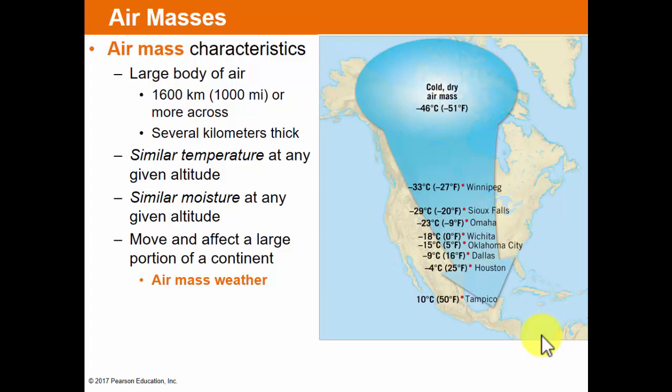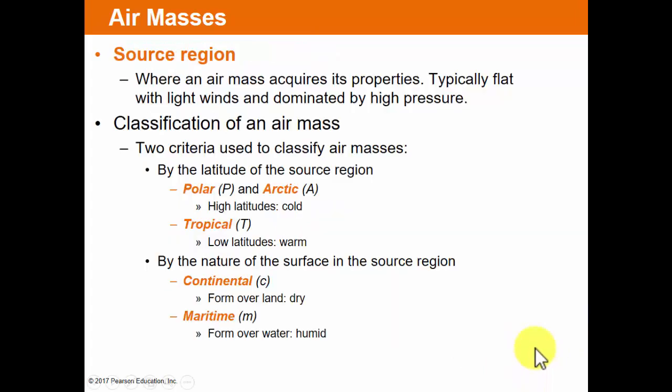It can be warm and fairly humid in the southeastern states, but then a very large cold, dry air mass from northern Canada can move south under the influence of upper level winds, bringing a cold front first, and behind the cold front, that cold, dry air mass, resulting in a significant change in the type of weather we may be experiencing.